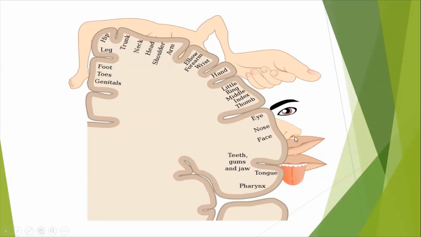But the baby, by the smell, can recognize the caregiver. And he can reach things first before he can walk. So that is the meaning of your homunculus illustration.